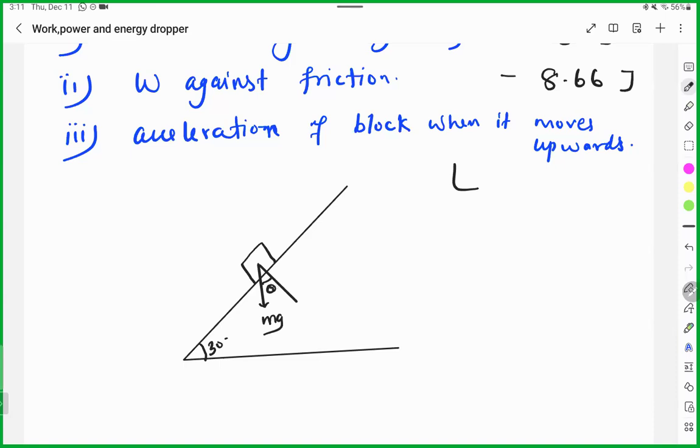I will write theta. So it will be mg cos theta, and on the opposite side it will be mg sin theta. Above you have normal reaction, and you are applying external force here because it is moving in the upward direction. Correct. So this is the diagram.